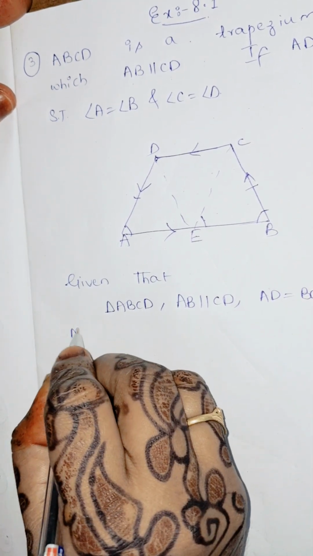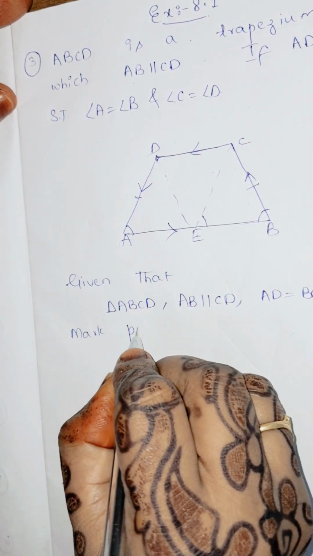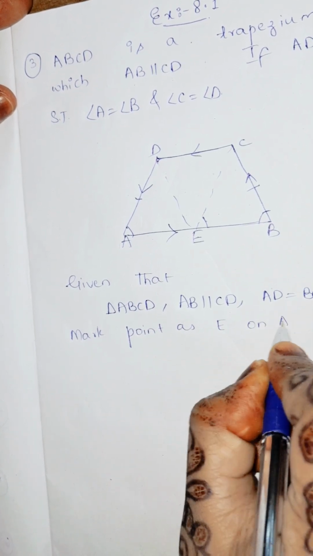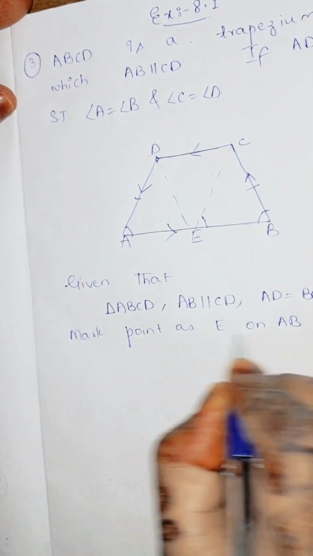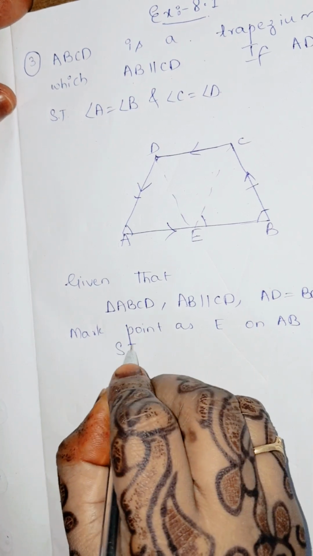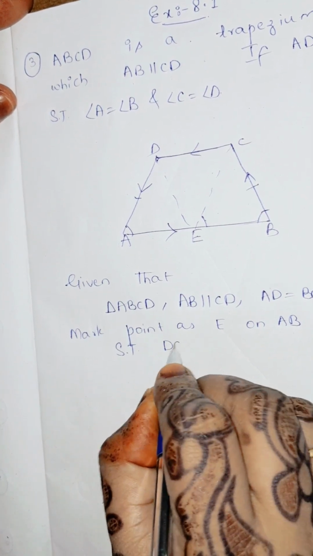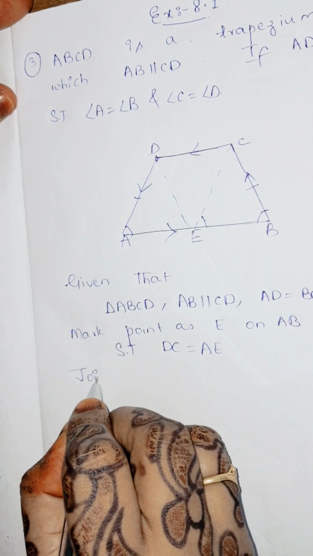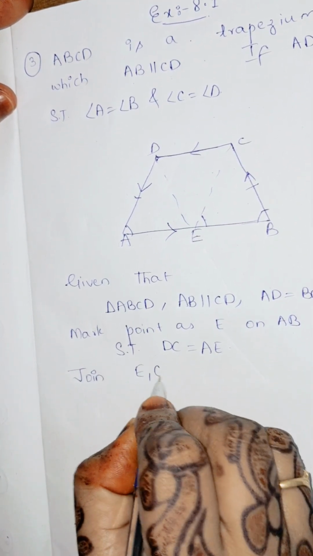Mark point E on AB, because on AB we have drawn, right, such that DC is equal to AE. Now whatever we have done, that we have to write, join E comma C.